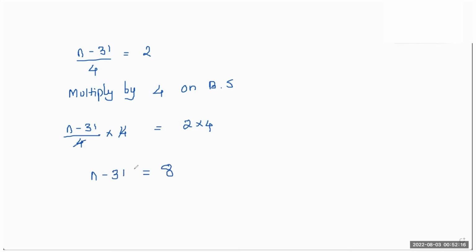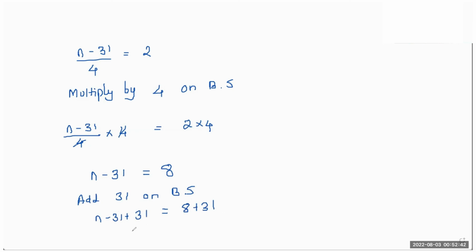Can you do it now further? Now what is stopping me? Now the 31, minus 31, right? How do you get rid of minus 31? You add 31 on both sides. Yes. So n minus 31 plus 31 equals 8 plus 31, correct?